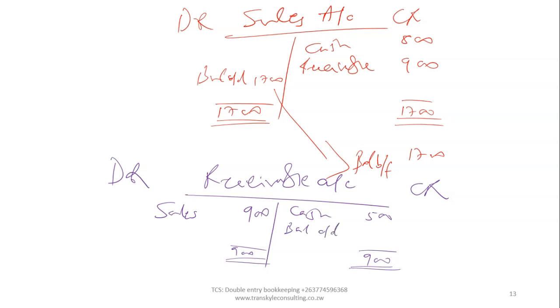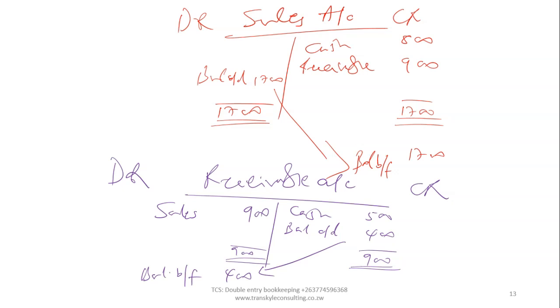It's going to be the difference, which is 400. And this gives us the balance brought forward 400. So this means that Miss X only owes us $400 because she paid $500 of the 900, which was the amount which she owed us initially. So she's now left with $400, which she has to settle.